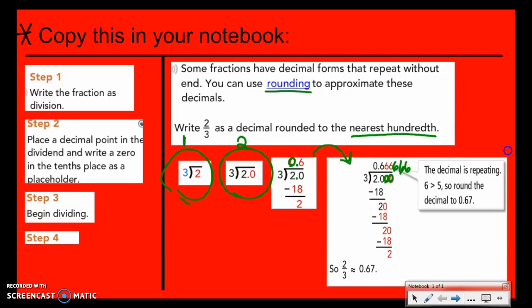So we know that it goes ones, tens, hundredths. This place right here is always going to be the ones place. And so it goes like this, tens, hundredths. Okay?